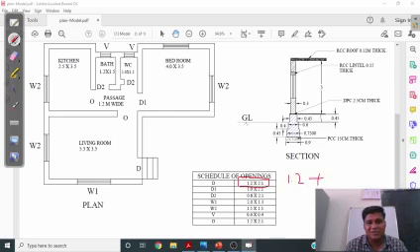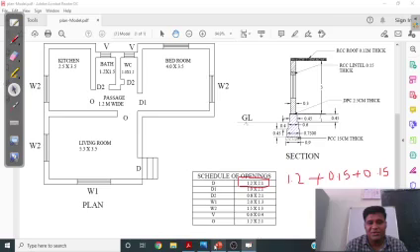plus 2 times bearings, that is 0.15, 0.15. So it will come to 1.5, the total length of the lintel. See here, for the lintel over D, I am going to consider 1.5 meter as the total length of the lintel, as there is a bearing of 0.15 meter on either side.